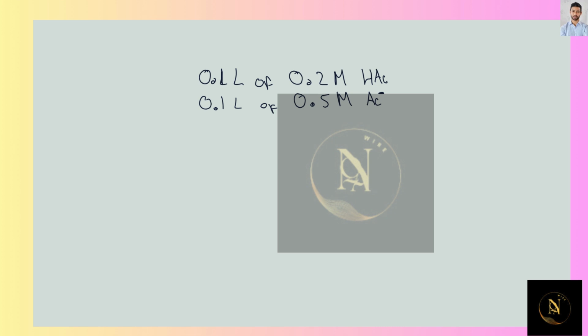That means that the amount of mole that we added for each of them, remembering that the definition of molarity is amount of mole divided by volume, so amount of mole would be molarity times volume.